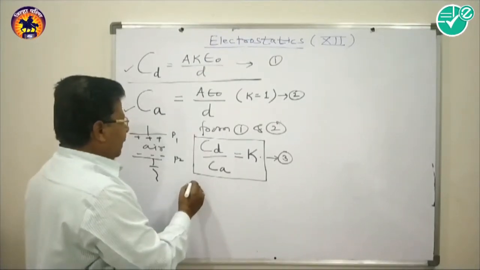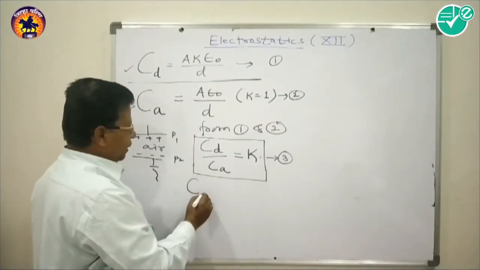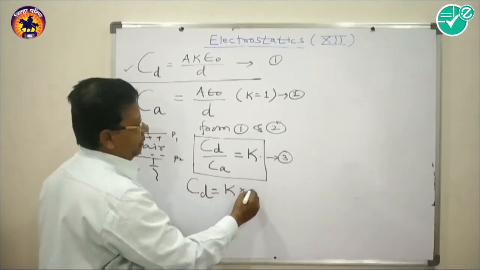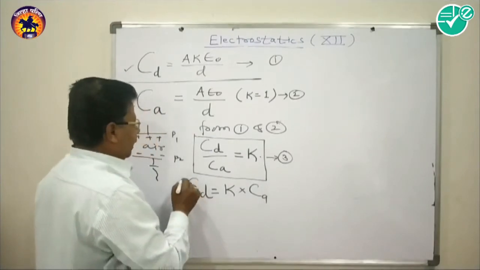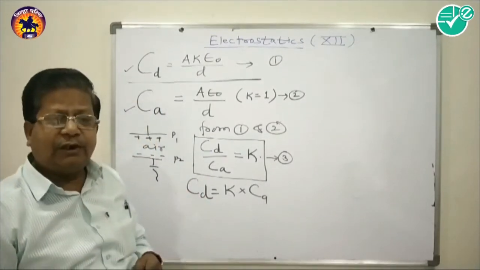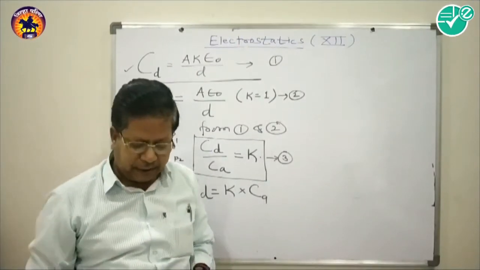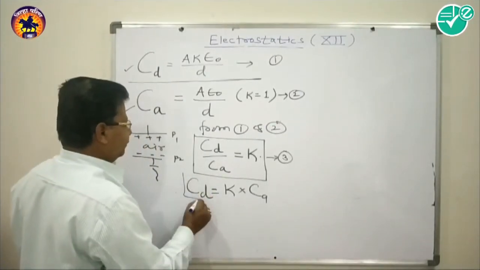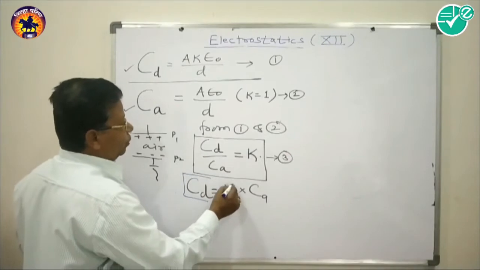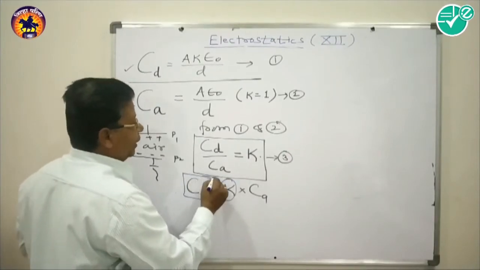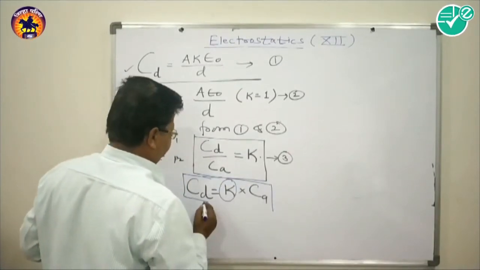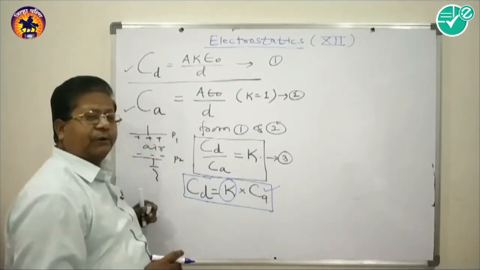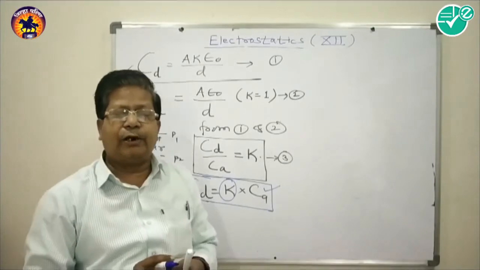And from this expression, we write CD is equal to K times CA. That means the capacity of a parallel plate capacitor filled with dielectric is equal to the dielectric constant times the capacity of a parallel plate capacitor filled with air medium.